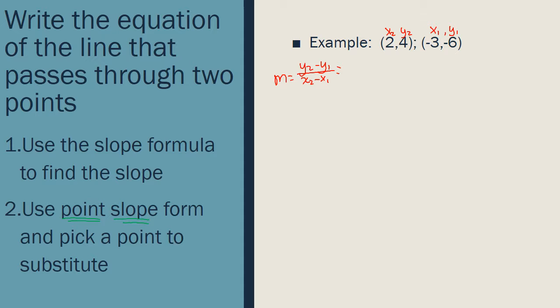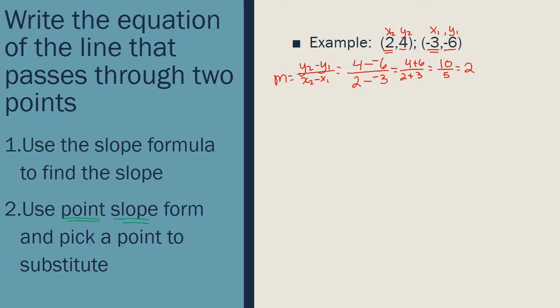So y2 right here is 4 minus my y1 right here, negative 6, all over my x2 right here minus my x1, negative 3. Because I have subtracting a negative, this changes to addition, and I get 10 over 5, which is equal to 2.